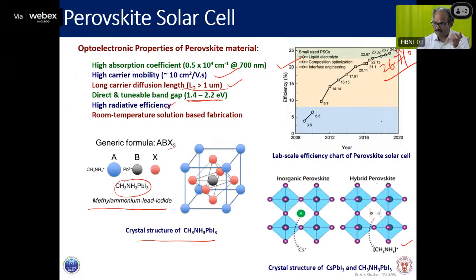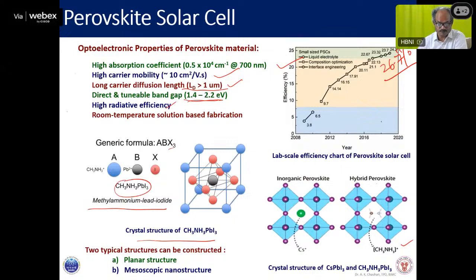However, you can see the DSSC, which led to the birth of the perovskite solar cell, is only about 15 to 16%. The deposition structures are of two types: planar structures and mesoscopic nanostructures.